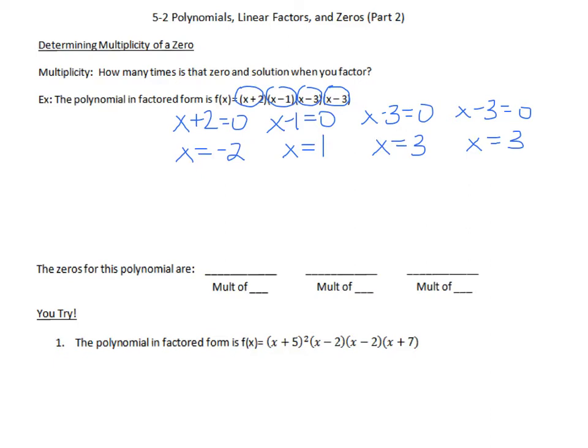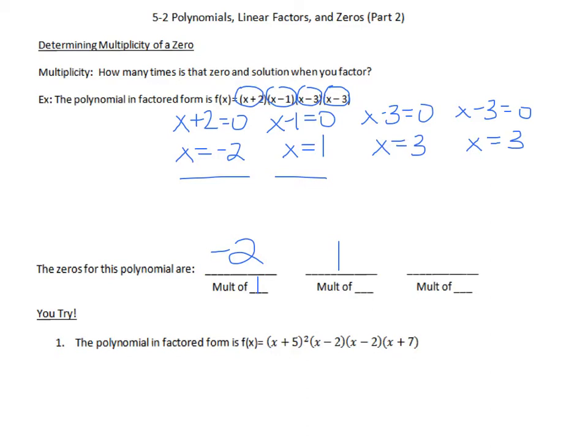So the zeros for this polynomial are negative 2, and if you look at all of our other zeros, we only have negative 2 one time. So its multiplicity is just once. We have x equals 1, so that's another zero.